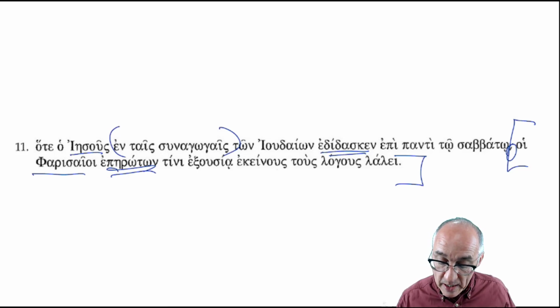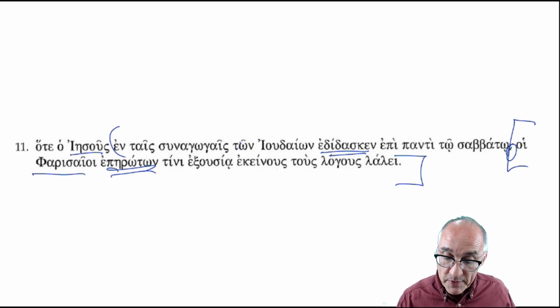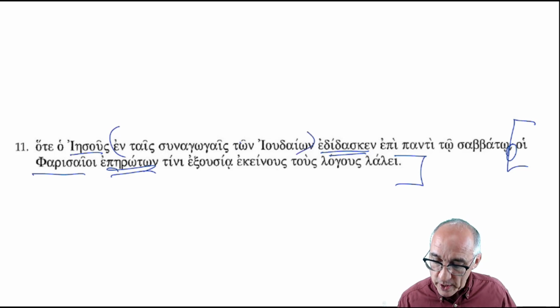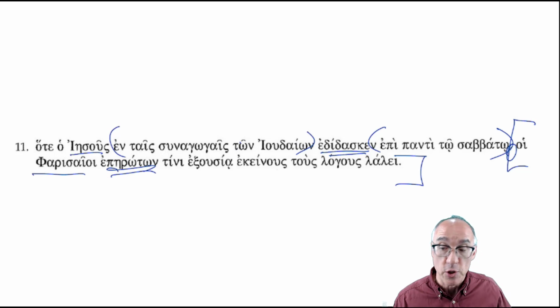Jesus edidasken. Oh, and I'm going to take this genitive. I should have included it because, as I've said in a previous sentence, the genitive case frequently follows closely upon, and sometimes before, but usually right after that verb, the noun of which it's the genitive. So there you go. Epi panti to sabato, another prepositional phrase.